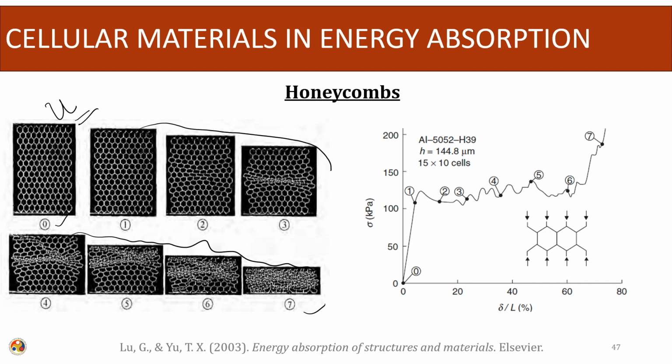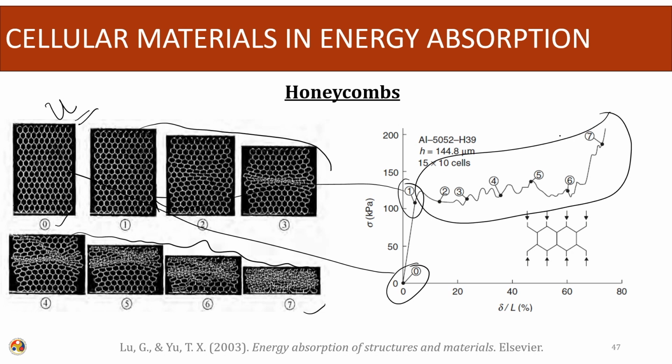So, these are the different stages. The initial stage looks like this. At the first stage it is still in the elastic phase. After that the plasticity occurs. Here you can see the total plastic regime is very large.